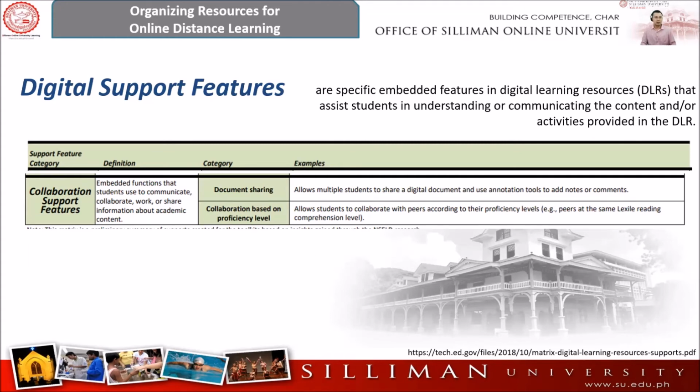Two categories under this feature include document sharing, which allows multiple students to share a digital content and use annotation tools to add notes or comments. The second category is collaboration based on proficiency level, which allows students to collaborate with peers according to their proficiency level.